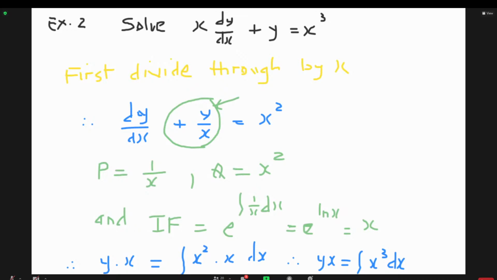So let's go up here. Therefore, yx is equal to x to the 4 on 4 plus c. Once you do the integration at this stage, you have to put the plus c.